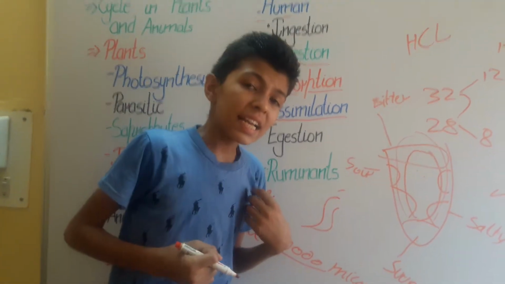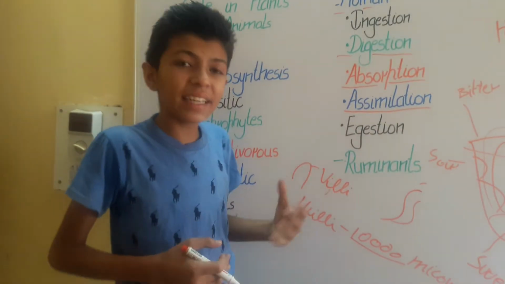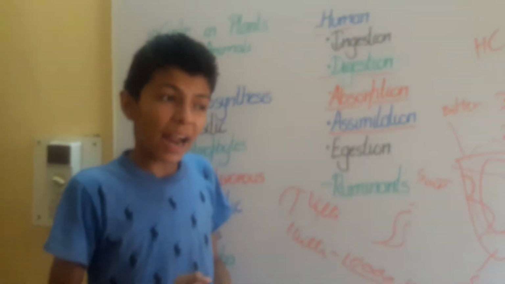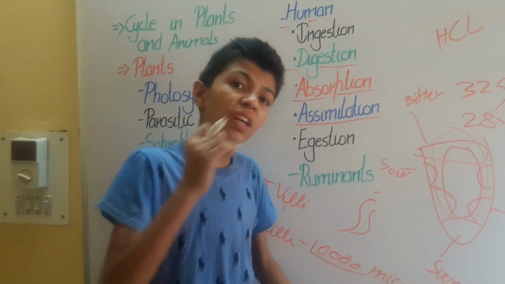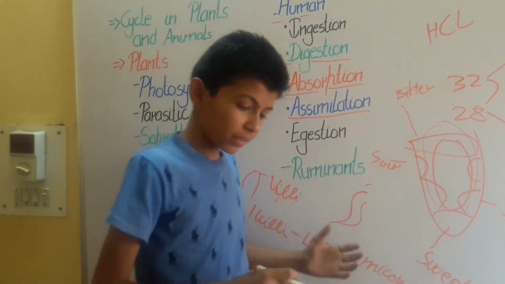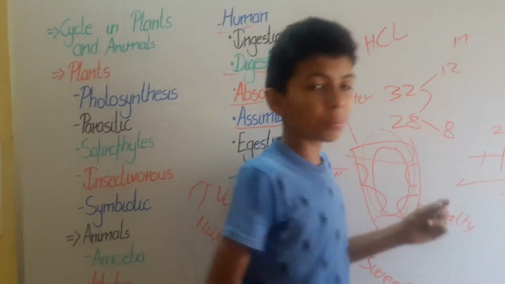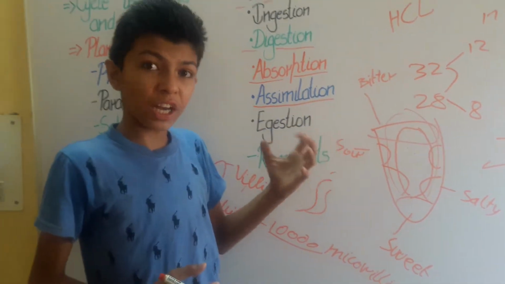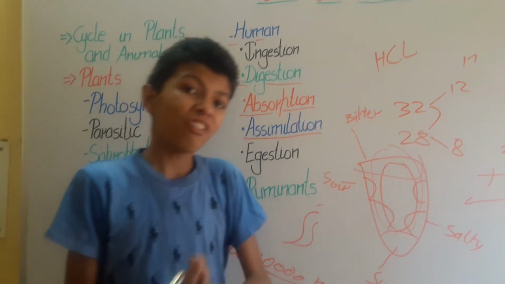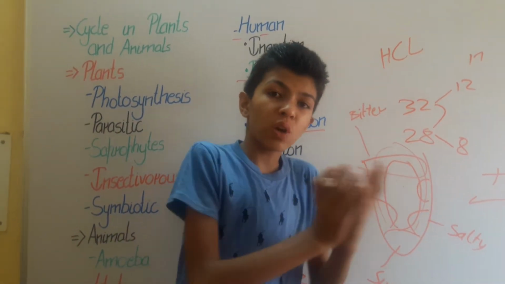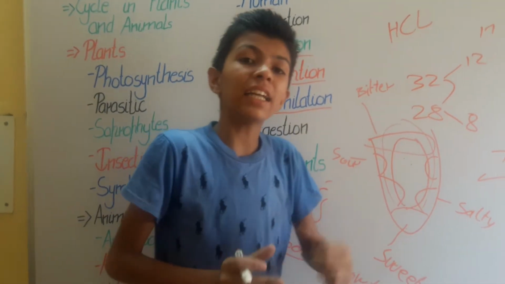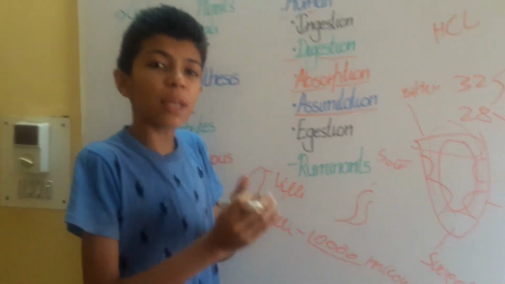The food is then collected in the blood vessels, and it is again converted into the complex form. So what is the first? The carbohydrates were broken from starch into glucose. The proteins were broken into amino acids, and the fats were broken into fatty acids and glycerol. So these are the simple forms.